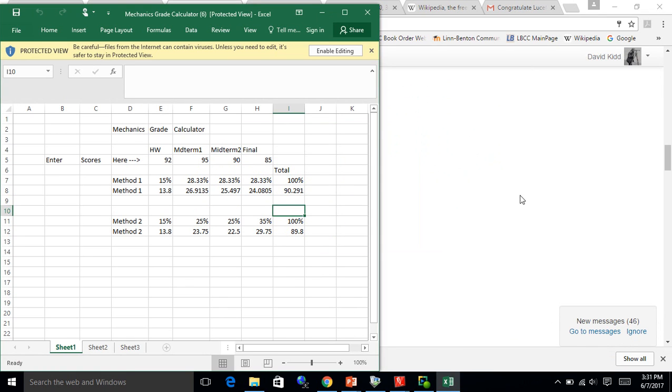Remember, I use 2 different systems to calculate your grade. So you enter the scores on the top line. So homework, I'll get that back to you all on Friday. That's my plan. Normally, if you're doing your homework diligently, that should be up in the 90s. So let's say 95 for that. And let's say you got a 62 on the midterm.